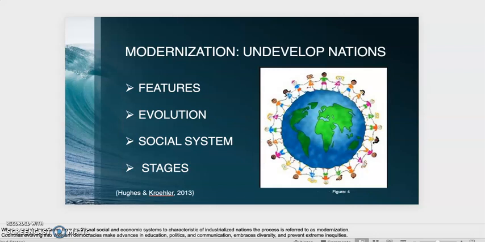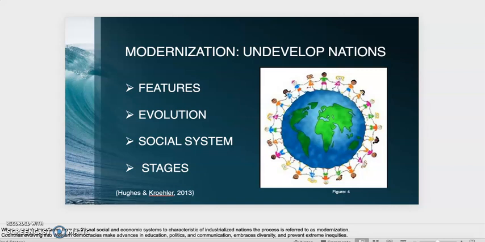When a traditional society and economic system transforms into an industrialized nation, the process is referred to as modernization. Countries evolve into Western democracies by making advances in education, politics, and communication, by also embracing diversity and preventing extreme inequities.